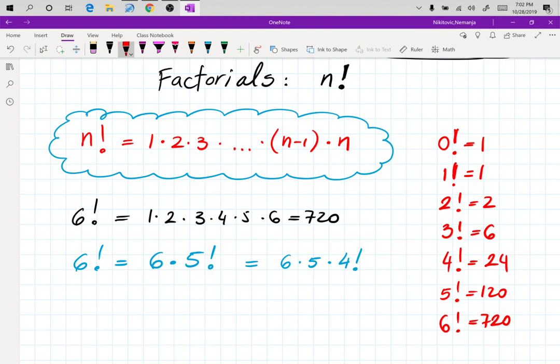Now your calculator runs out of memory in calculating 70 factorial. 70 factorial breaks your calculator memory on TI-83/84. Newer calculators can power through it.